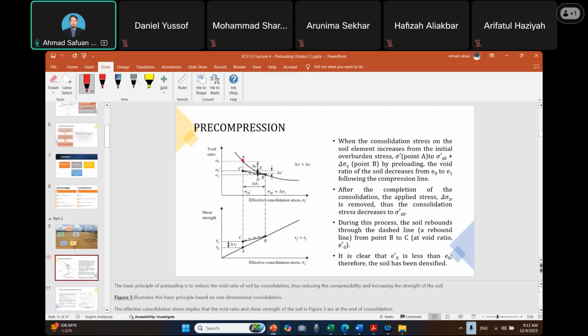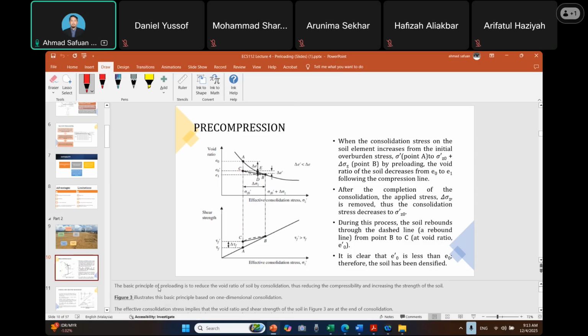When we apply a surcharge at the actual effective vertical stress and then remove the surcharge, the difference between A and C is considered the densification of the soil.